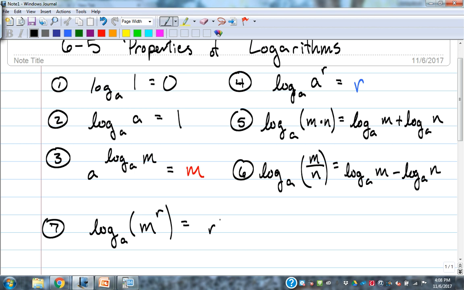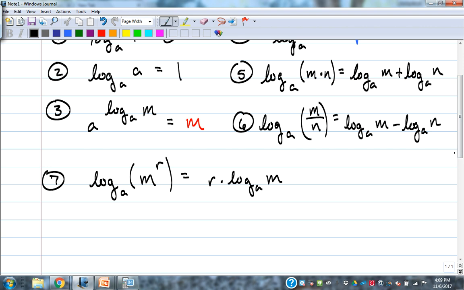It would be R times the log base A of M. So you can bring an exponent out to the front. And sometimes that can make the problem much easier to solve, or taking the number from the front back into an exponent can make the problem easier to solve. A lot of different things that can happen there.